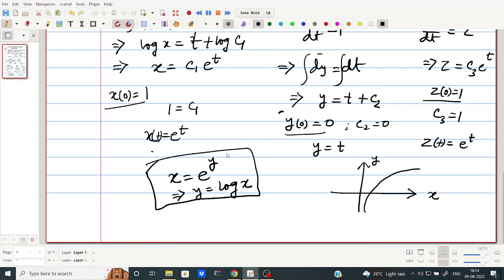You know that capital P and capital Q are any functions of x and y.